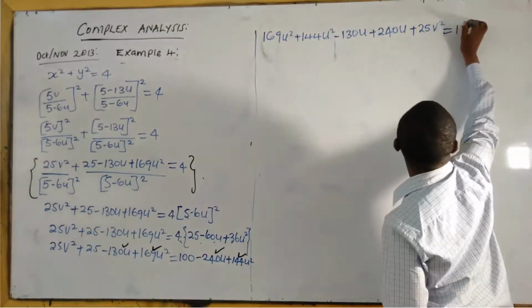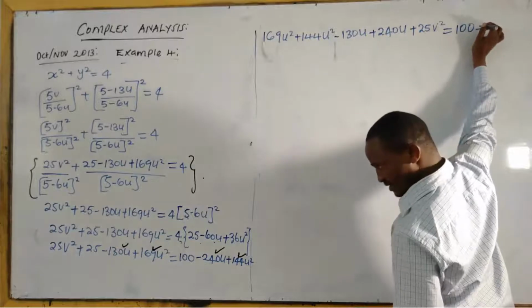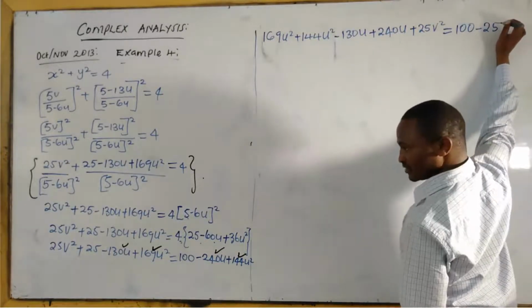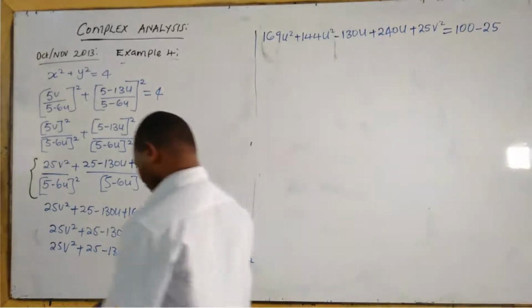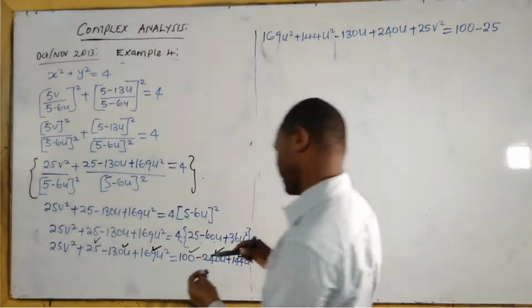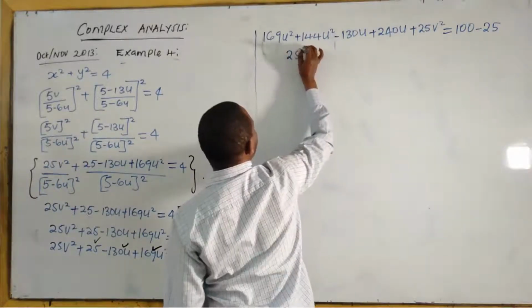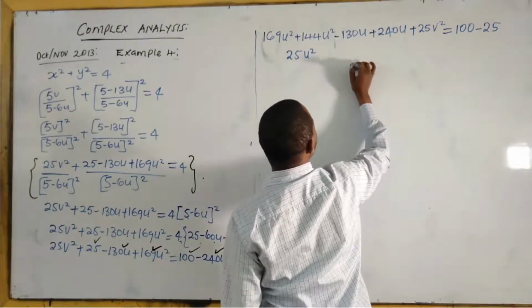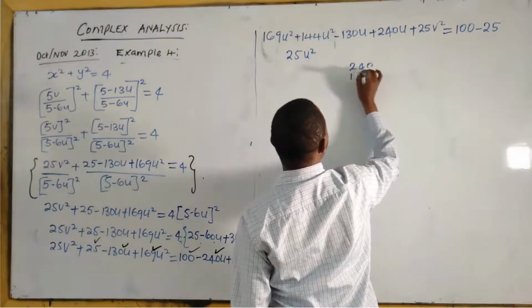They are 100 minus 25. So I have also taken care of that one and that one. 25u squared. This is a 240u and that.